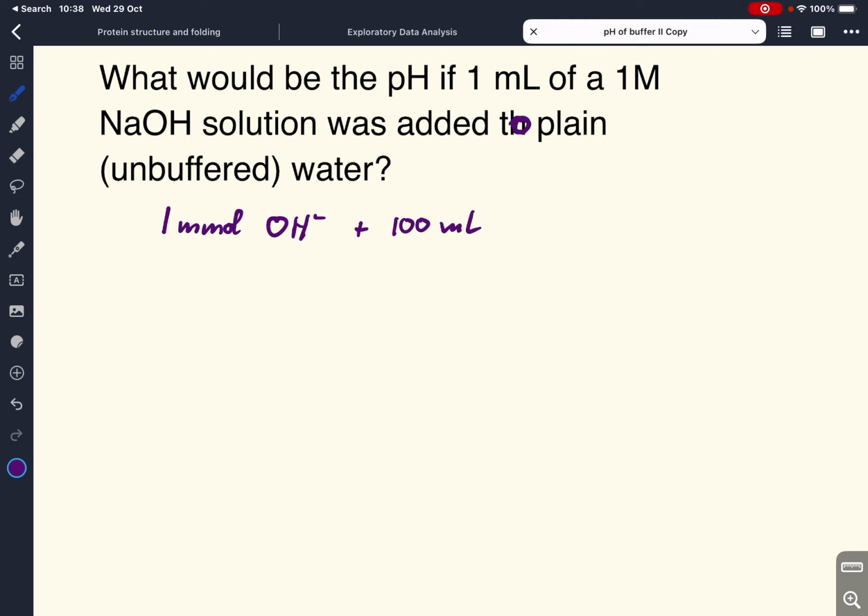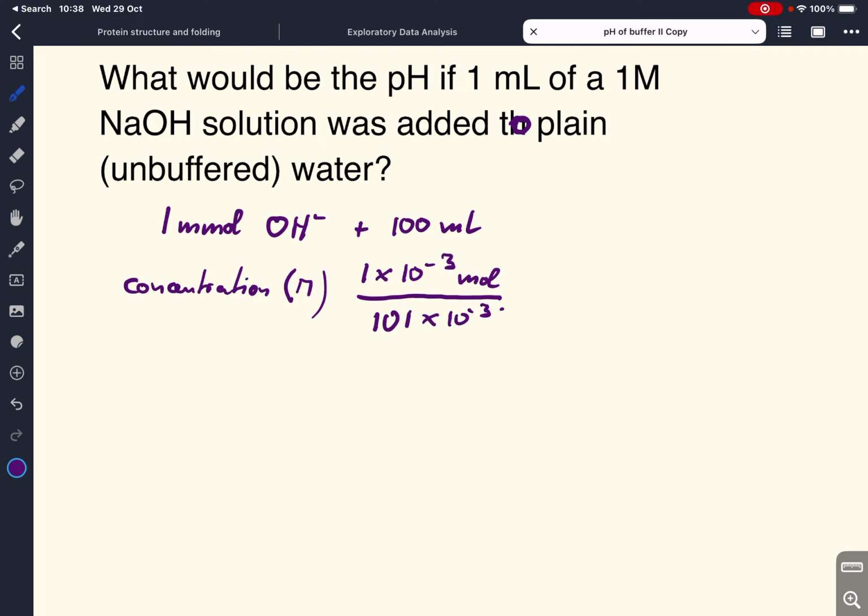And that gives us, of course, a concentration. So we can calculate the concentration in molar. So we have 1 times 10 to the minus 3 mole of the sodium hydroxide divided by 101 times 10 to the minus 3 liter.